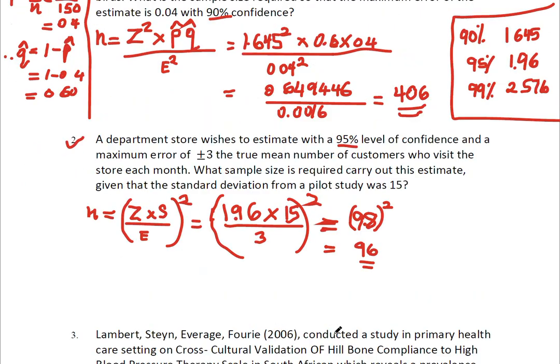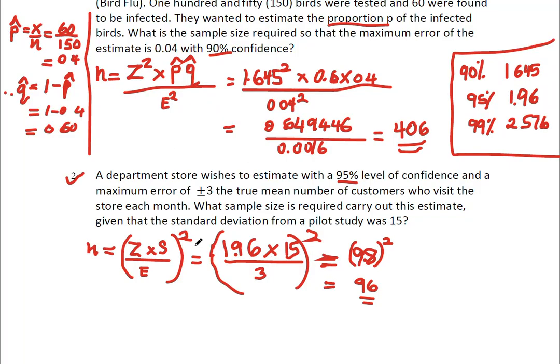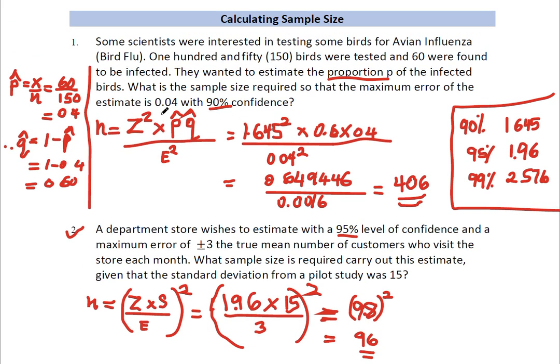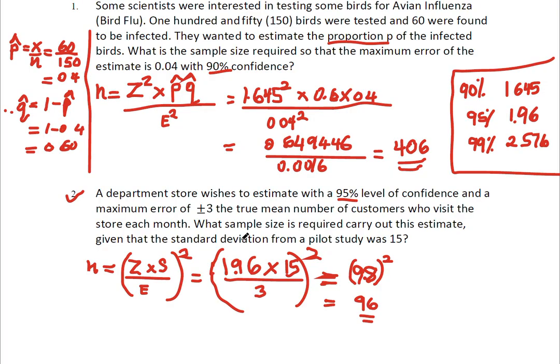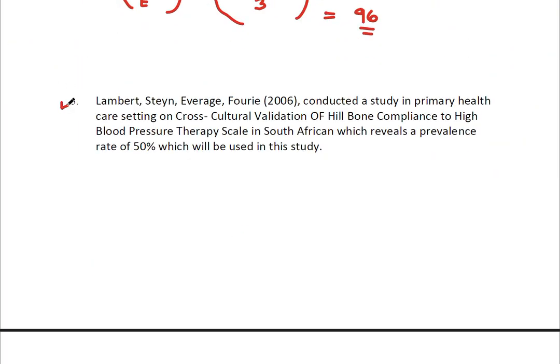So we've looked at how to calculate the required sample size for estimates of means, and we've looked at calculating the sample size for estimates of proportions. Now we're going to look at some other situations simulating both of these.